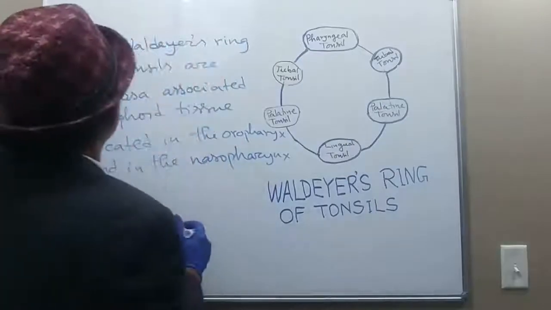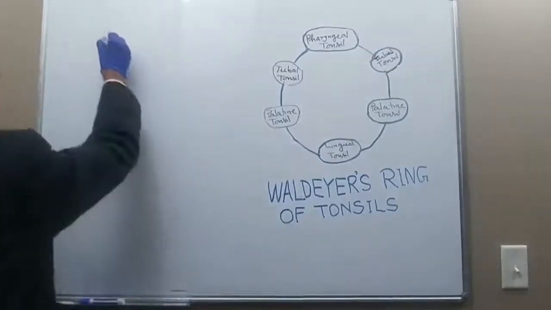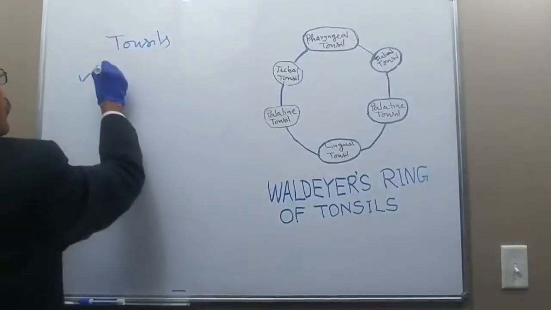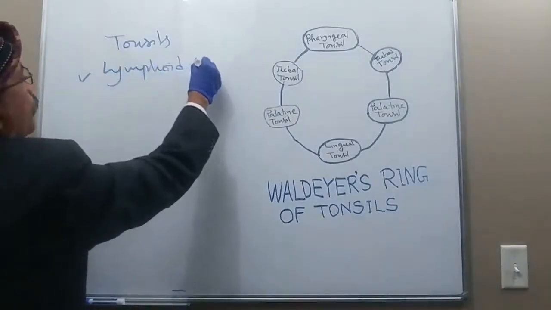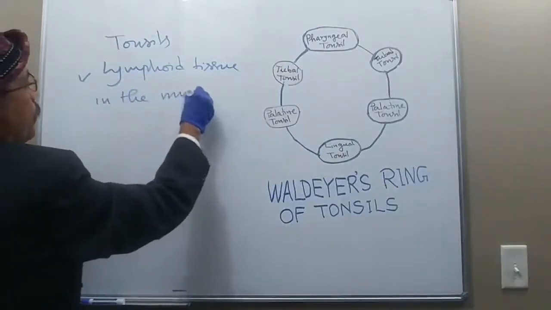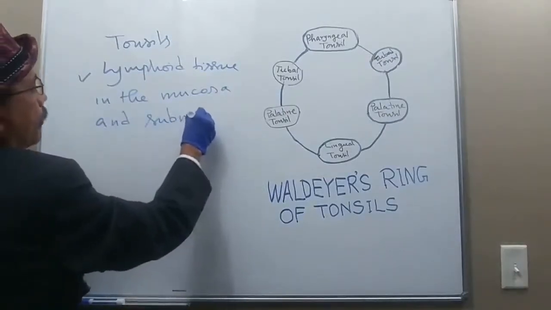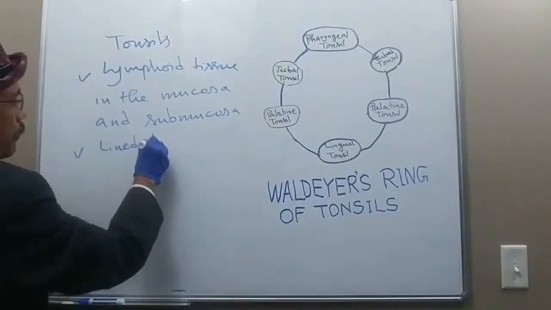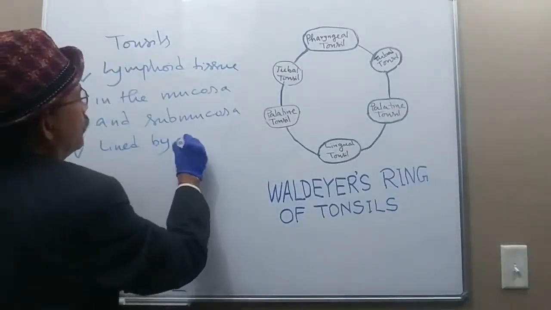So how can you define a tonsil? Tonsils are lymphoid tissue in the mucosa and submucosa, partially lined by epithelial tissue.